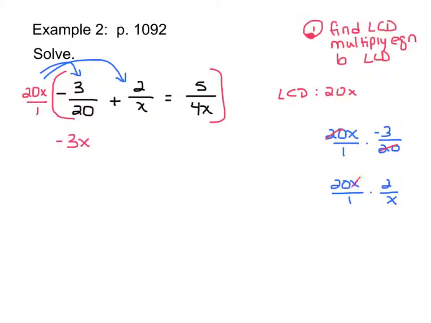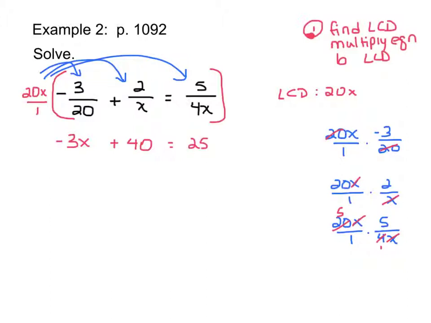In this case, my x's cancel, and I have 20 times 2, which is 40. And then I'll multiply by the 5 over 4x. So again, 20x over 1 times 5 over 4x. The x's cancel, and I can cross reduce the 4 and the 20, so that's 1 and 5, and then 5 times 5 is 25.